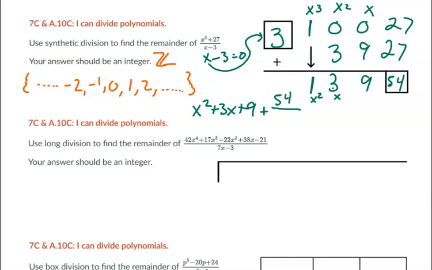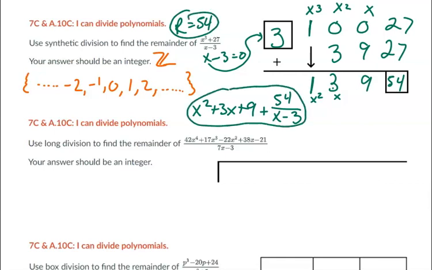If we wrote that as a mixed number, it would be 54 over x minus 3. So your remainder is 54. This is your quotient and remainder, mixed number.